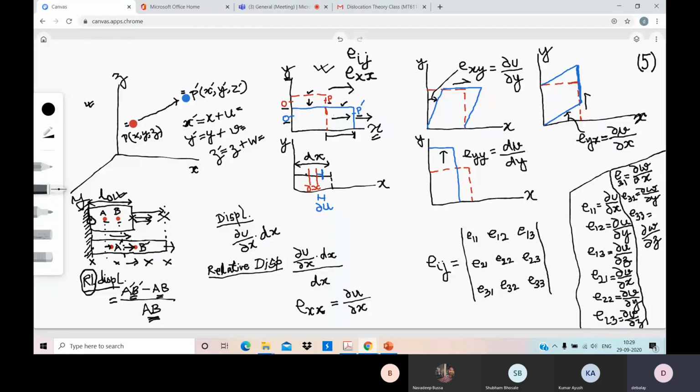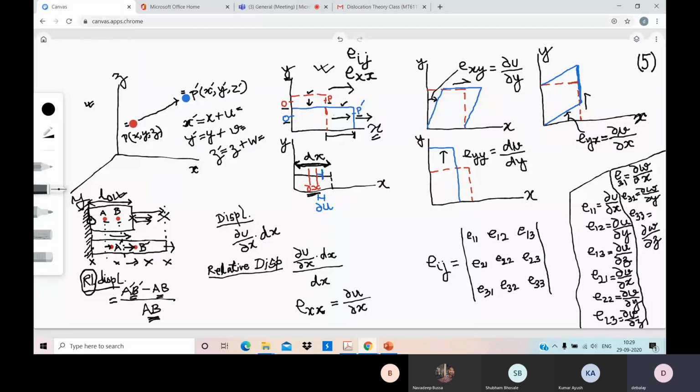Suppose inside that body I consider a small length dx, any arbitrary length inside the body. Suppose my initial body, that length is dx. Now inside that I consider a small volume element. I consider a small element, that is delta x.